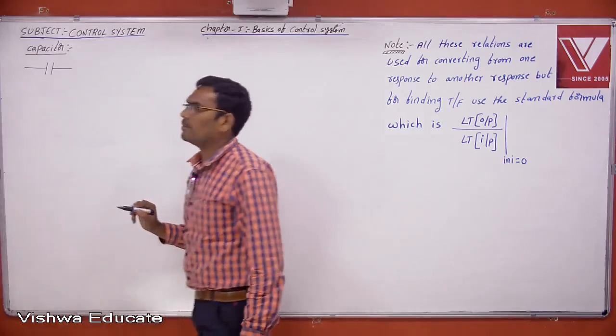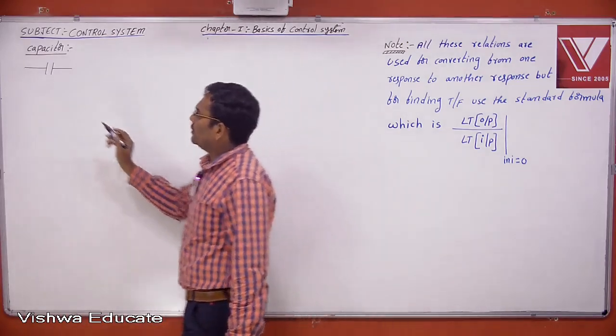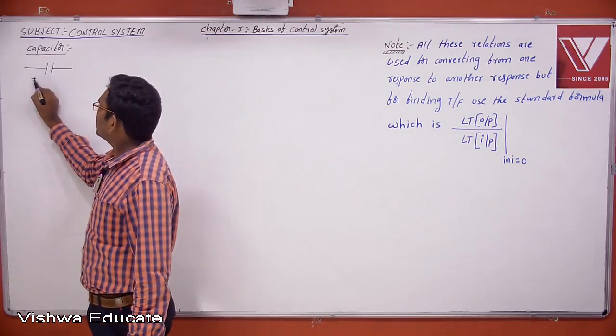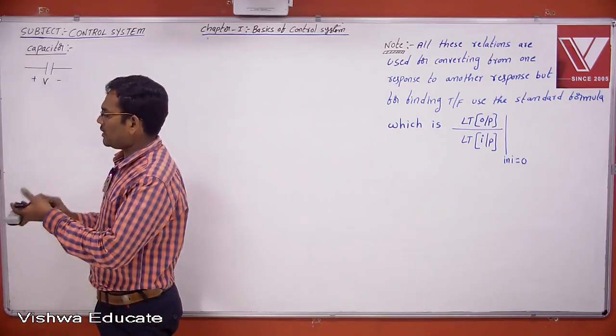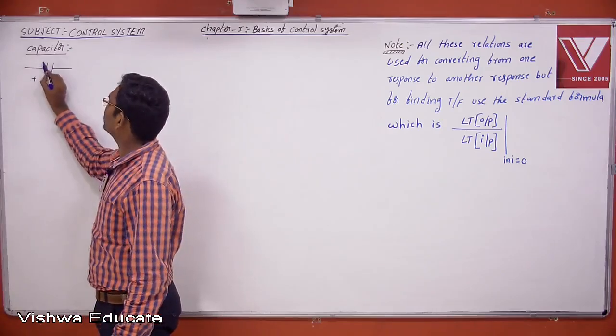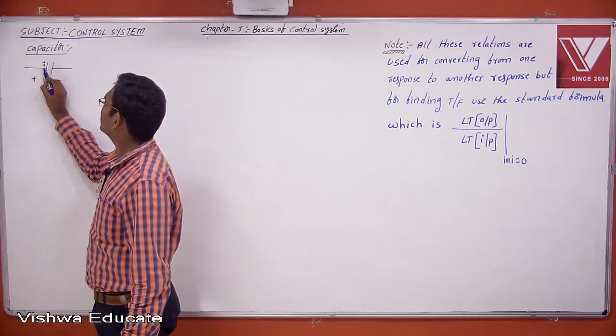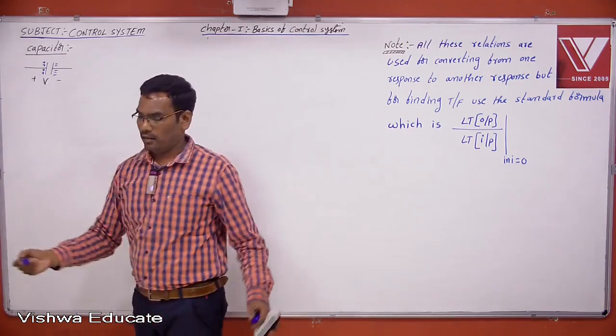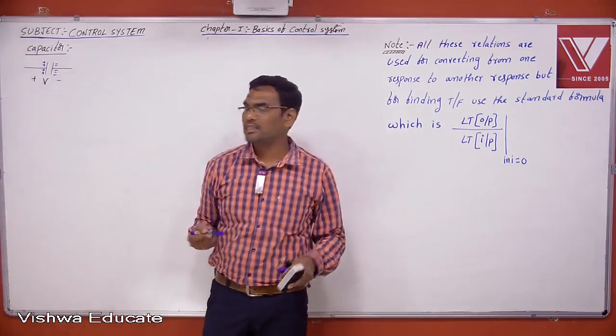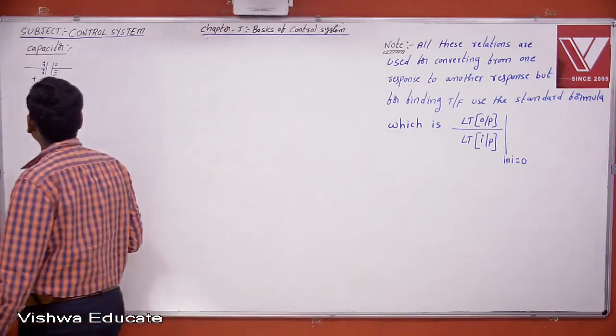If I apply a voltage across this capacitor, then this capacitor starts charging, like your cell phone battery. You just plug in the charger, then it starts charging. Now similarly here also.